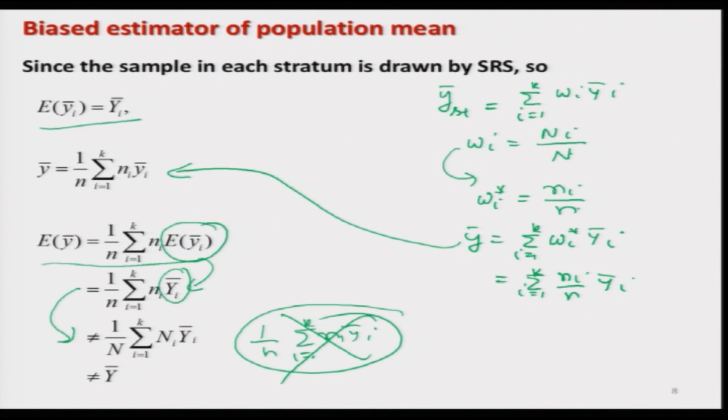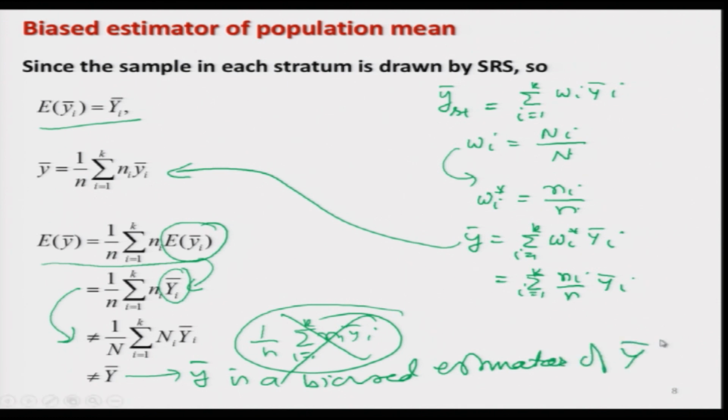So the expected value of small y bar does not come out to be capital Y bar. So I can say y bar is a biased estimator of the population mean capital Y bar, and that is the reason we do not consider y bar, but we consider y bar ST as a good estimator for estimating the population mean.